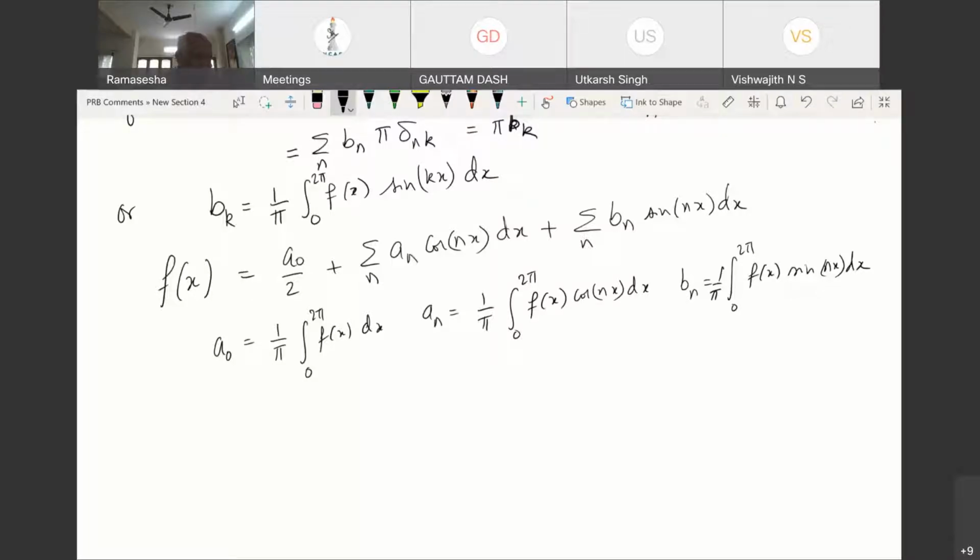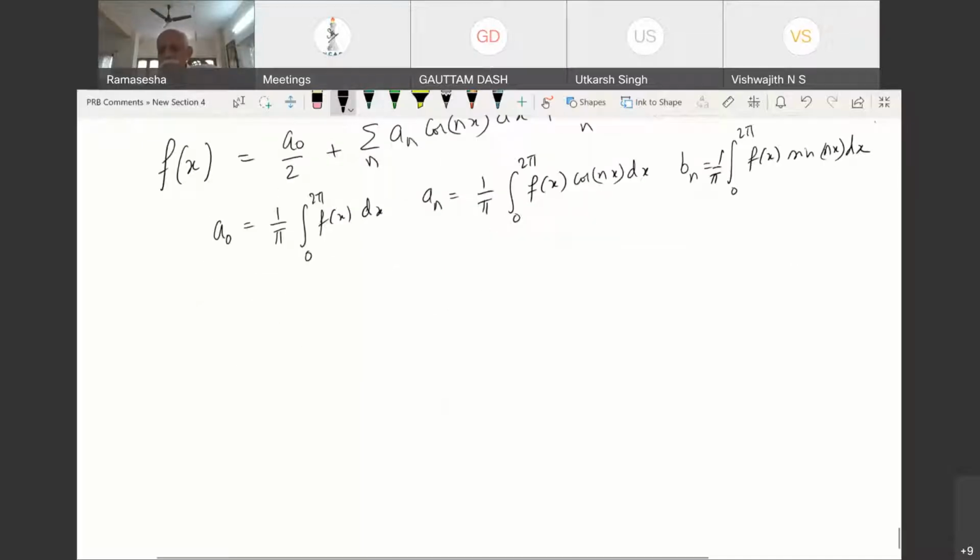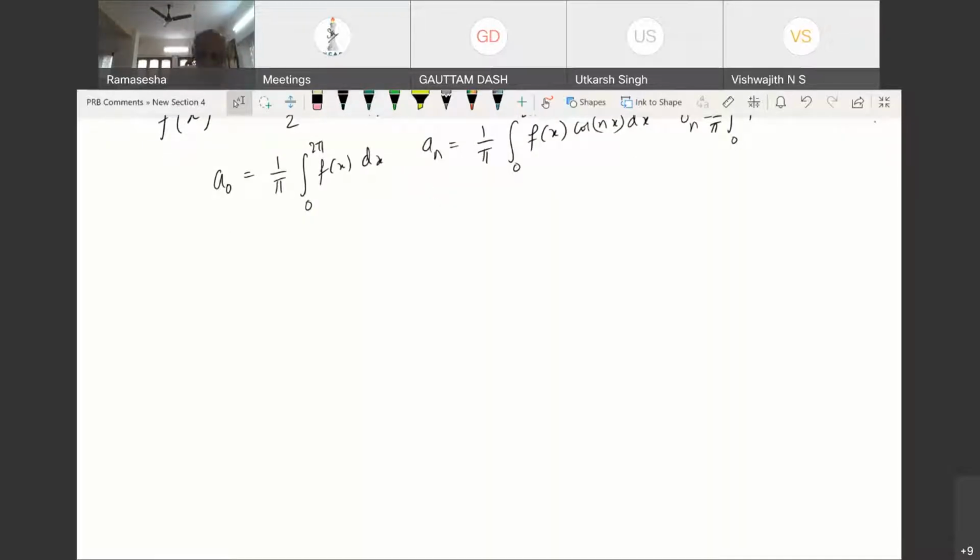So now, a simple example. Let me expand f of x equal to x squared.